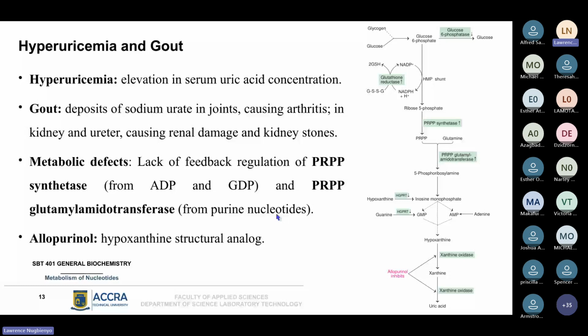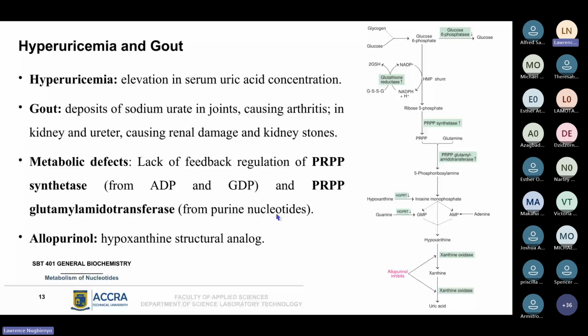And the deposition of these sodium salts of uric acid usually occurs in soft tissues, the cartilages in the joints, and some occurring in the kidneys.